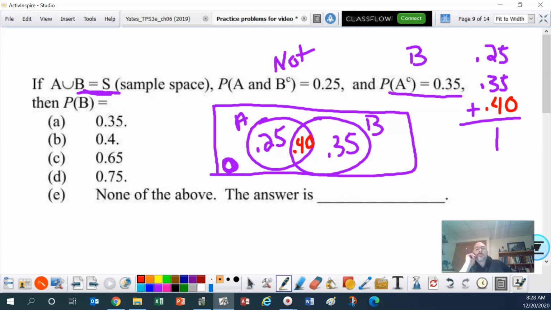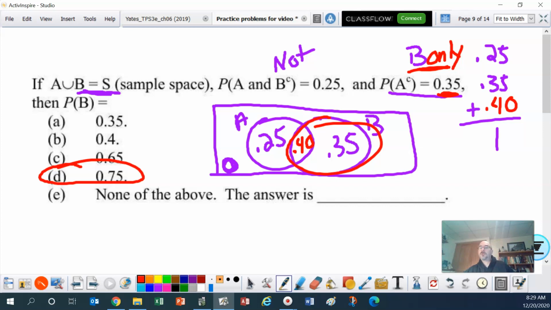So, ladies and gentlemen, what's the probability of B altogether? Now, this was the B only, the 0.35. So B altogether, folks, add those two together, and it looks like we get 0.75. That's a pretty cool problem. I like that. All right, let's keep going.